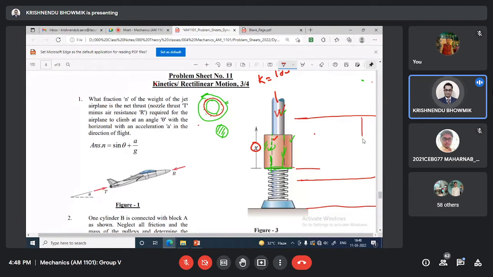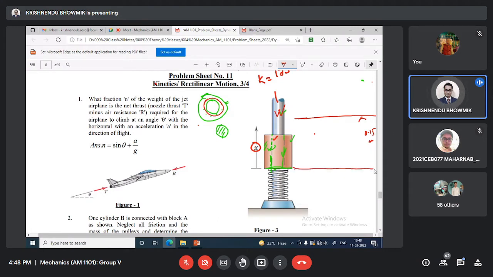I'll tell you why I'm telling it that way. This is 0.15 meter. Or maybe if you have any confusions, I will modify once again. Don't worry.